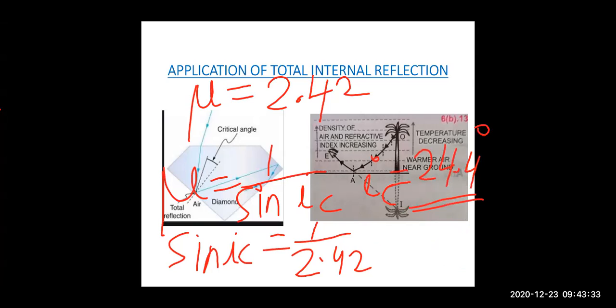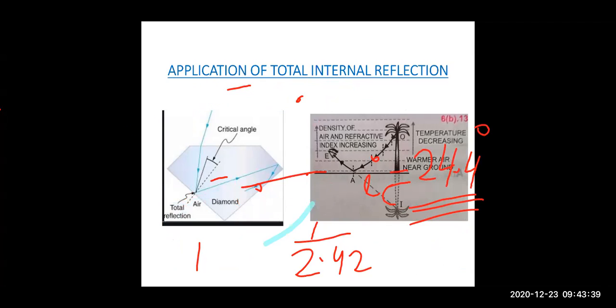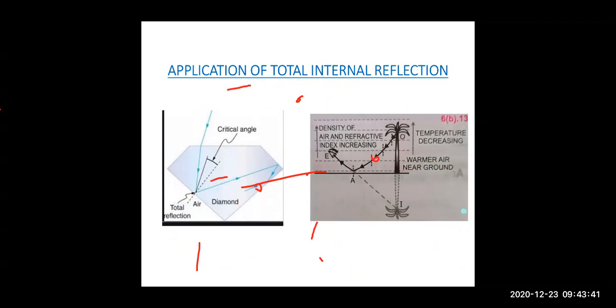Now 24.4 degrees is the critical angle for diamond. What is the value of IC for diamond, beta? 24.4 degrees. That is the critical angle for diamond.